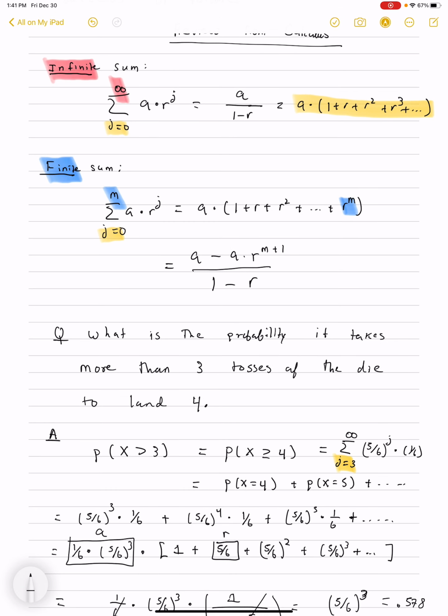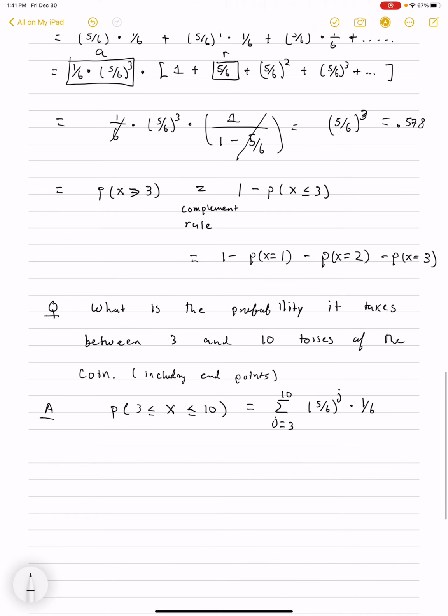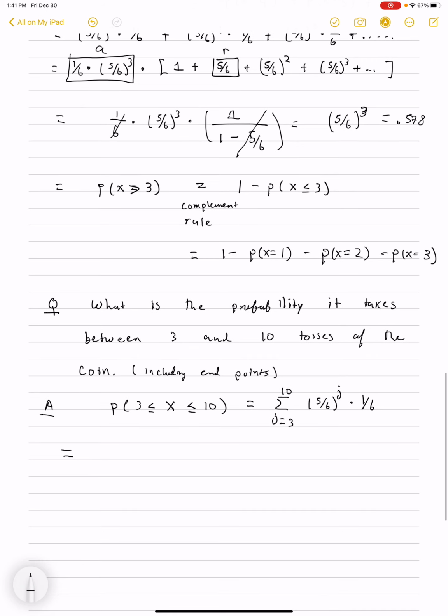I'm going to write it as a times 1 plus r, etc. Okay. And if I did this, this will be the probability x equals 3 itself plus probability x equals 4, etc. until probability x equals 10.